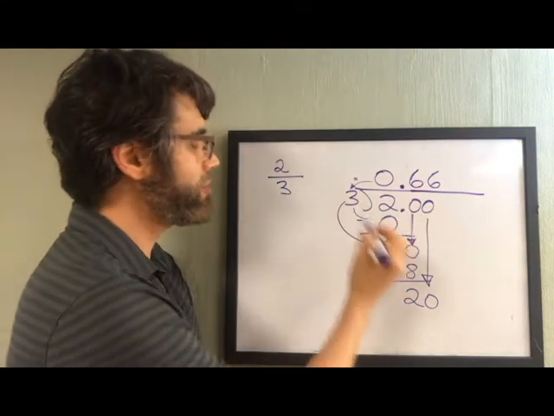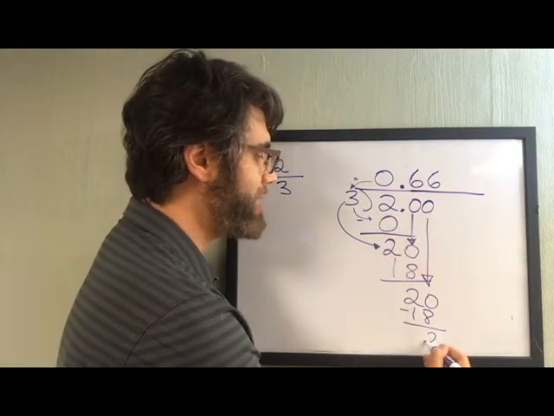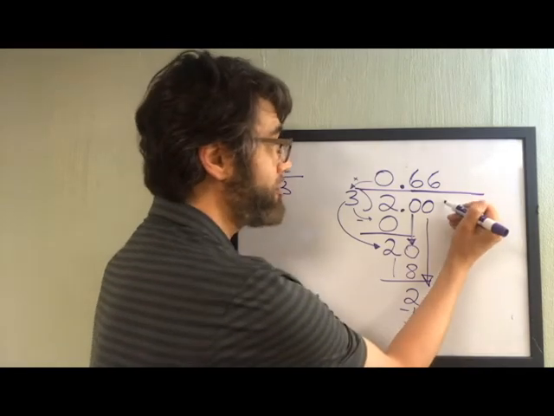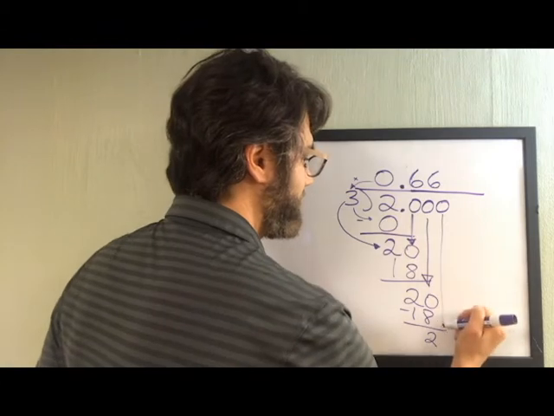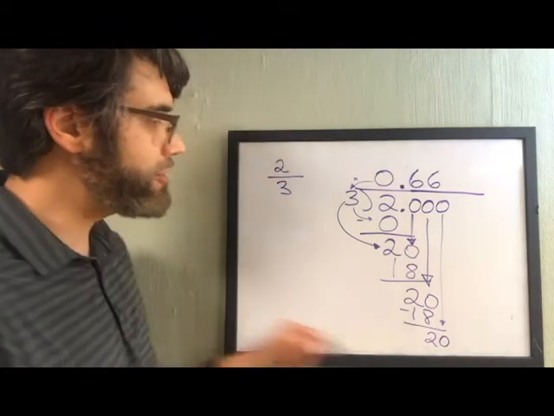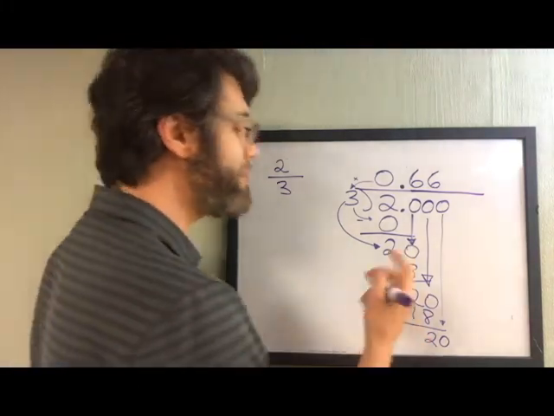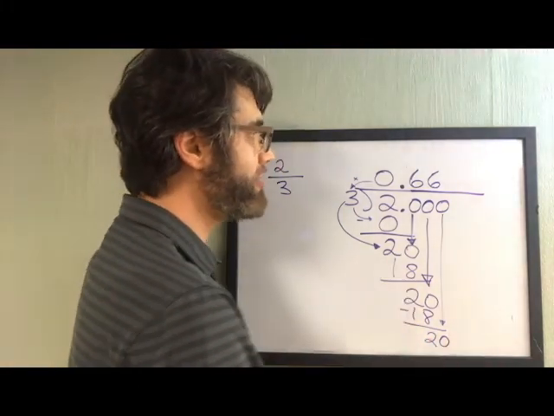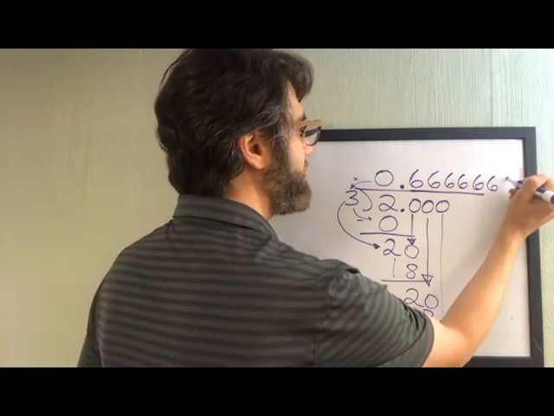All right, 6 times 3 is 18. Wait a second, I see that I keep getting 2's, and we're going to add another 0 here. Again, you can add as many zeros as you want. Okay, and do you see that I'm still going to get 20 at the end? Do you see that basically I could do this forever, and I'm just going to keep getting 6's like this?